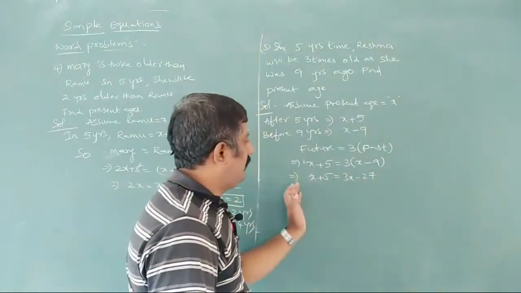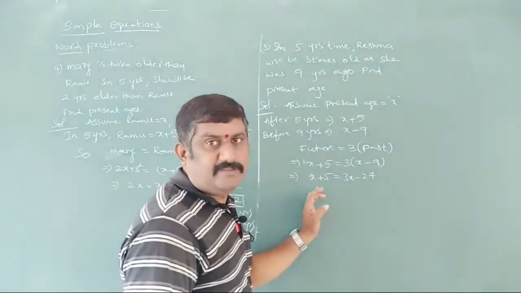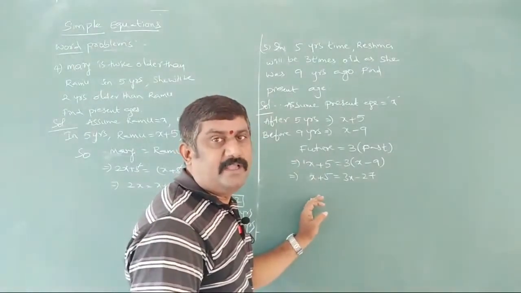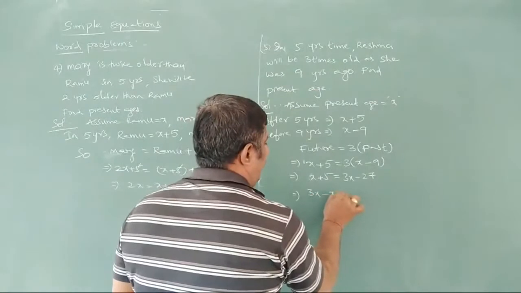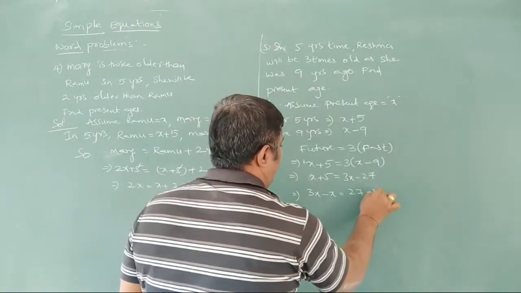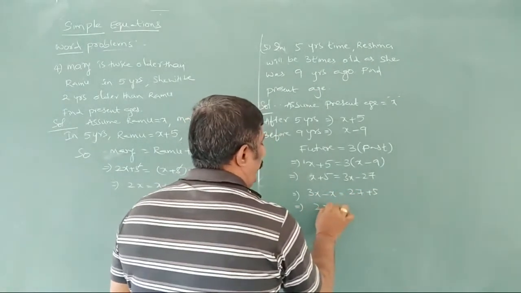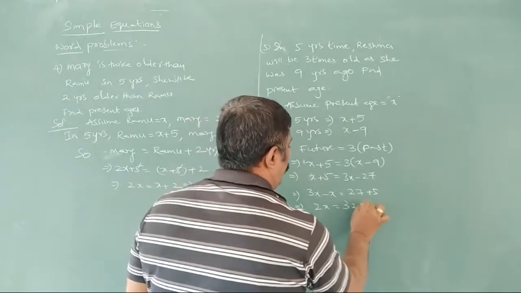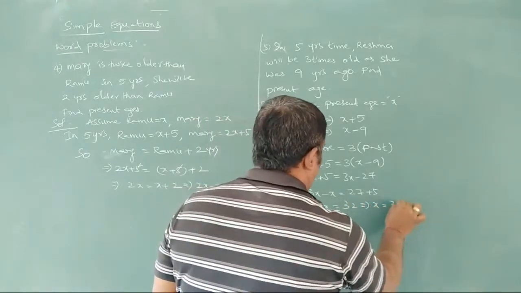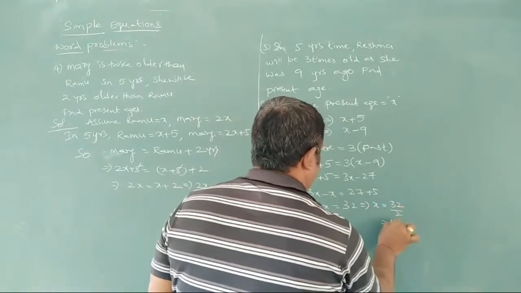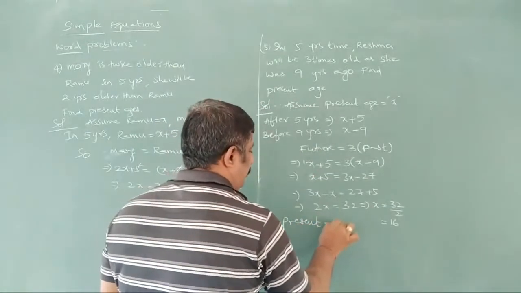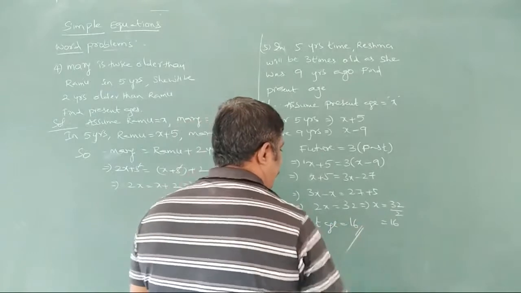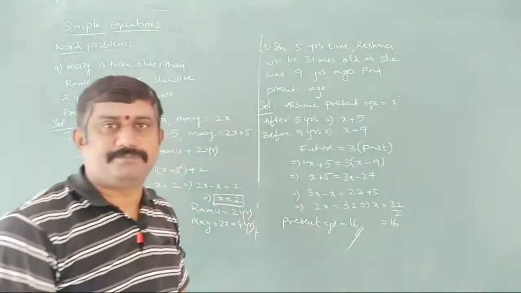Now transposing x terms, variables, to one side and constants to another side. So 3x minus x is equal to 27 plus 5. 2x is equal to 32. x is nothing but 32 by 2, or else 16. So present age is 16.